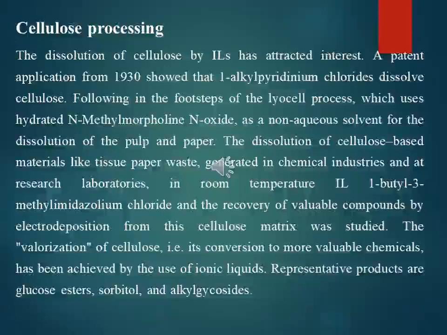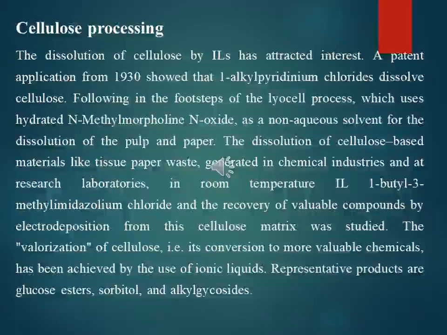The dissolution of cellulose-based material like tissue paper waste generated in the chemical industry and at research laboratories in the room temperature ionic liquid 1-butyl-3-methylimidazolium chloride, and the recovery of valuable products by electrodeposition from this cellulose matrix, was studied.